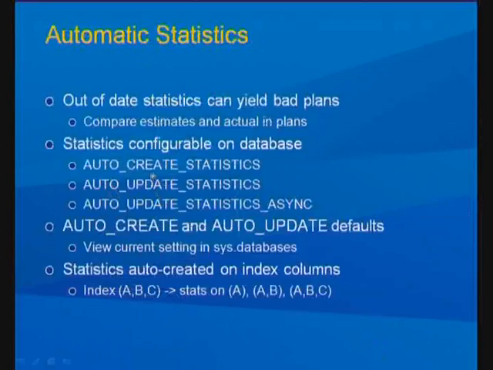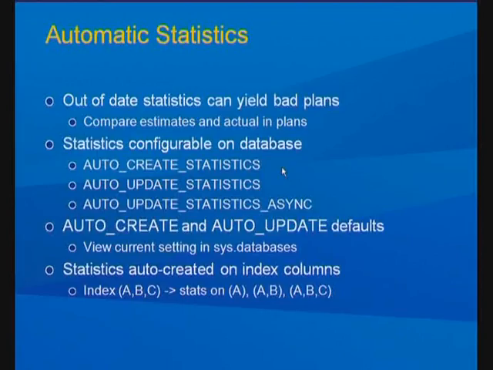SQL Server will also automatically update statistics for you. They automatically update statistics when certain limits are reached. For example, in a regular table, they will automatically update statistics at the 50th row that you insert, the 500th row that you insert, and after that, if 20% of the rows have changed.